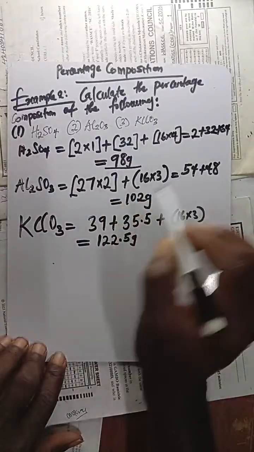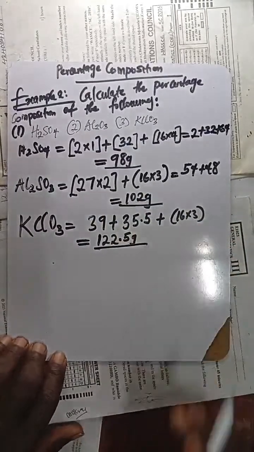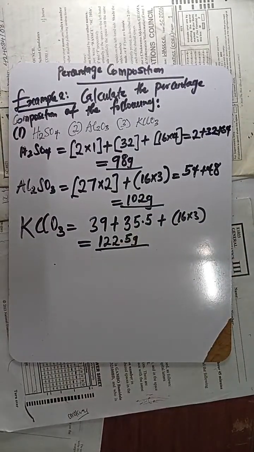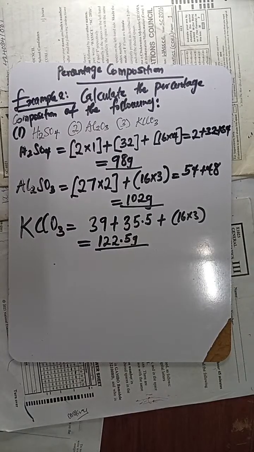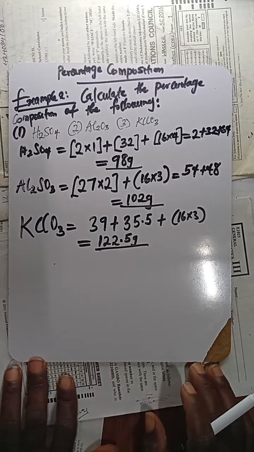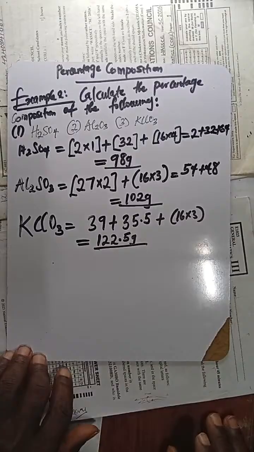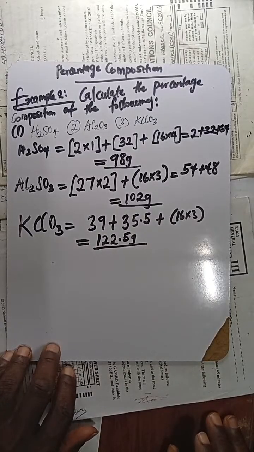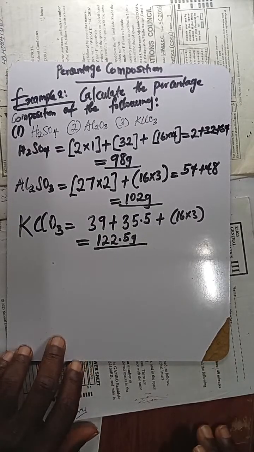So we can be able to see from this angle how the value works. That is just, we call this the molar mass of all this.